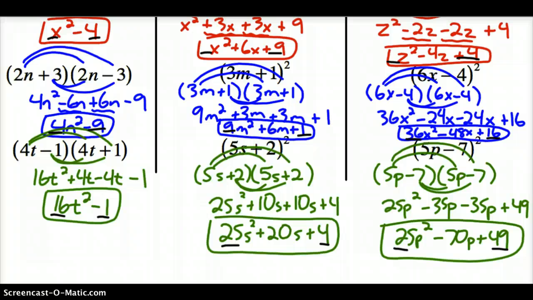Okay. And we kind of notice a common theme here in the middle. They double, like 10s plus 10s is 20s, and negative 35p plus another negative 35p is negative 70p. So let's see if these patterns persist. And I challenge you to try to actually write the pattern out if you see it. In the next video, we'll definitely go over what that pattern is.